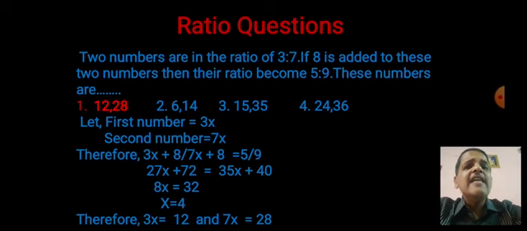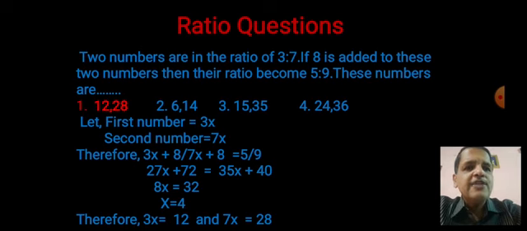If we add 8 to both numbers, we get the ratio 5:9. So 3x plus 8 upon 7x plus 8 is equal to 5/9. Old ratio plus something, new ratio.